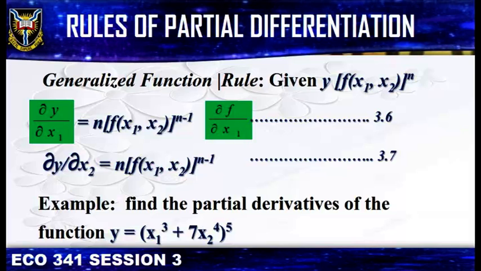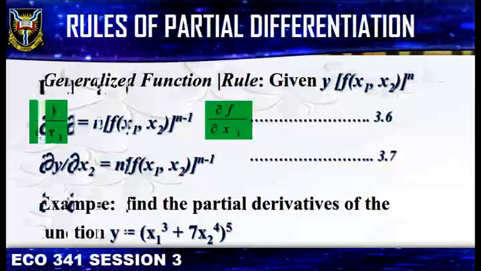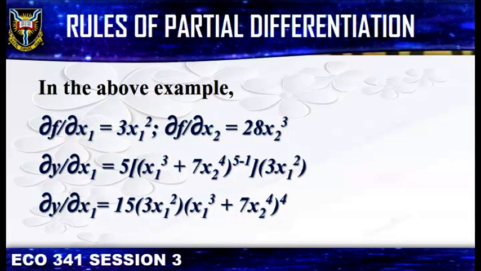Example: find the partial derivatives of the function y equal to (x1 cubed + 7x2 raised to power 4) raised to power 5. In the above example, partial df over partial dx1 is equal to 3x1 squared. Partial df over partial dx2 is equal to 28x2 cubed.